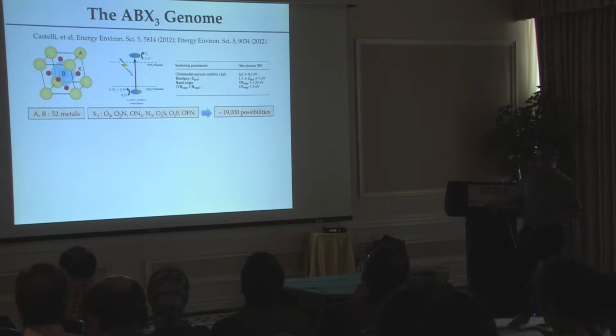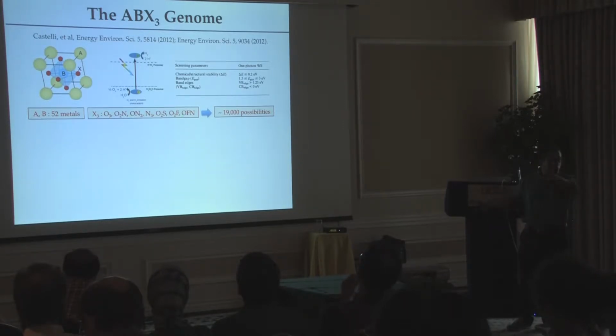And what they did was to look at an enormous space, right? A and B, they drew from a pool of 52 metals. And that immediately gives you 52 times 52, 2,704 possibilities for a fixed choice of X. For X3, they again considered 7 different possibilities.